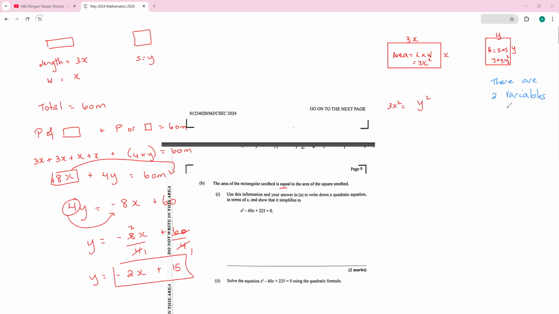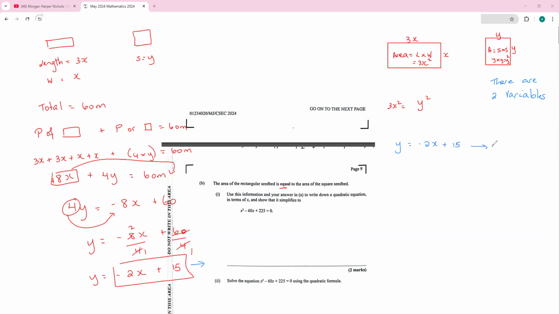We do not know what the values of y and x are. So we may find that we don't know that, but we have two equations. We do have two equations because the first equation that we came up with was that y was equal to negative 2x plus 15.